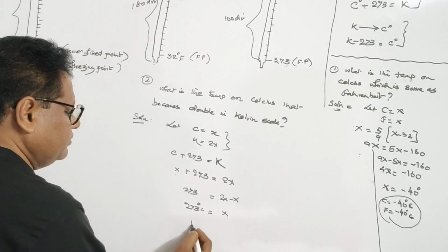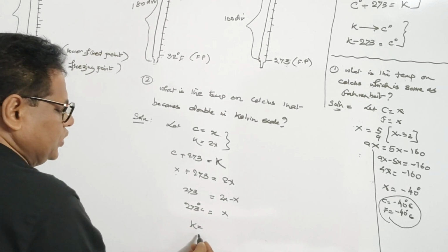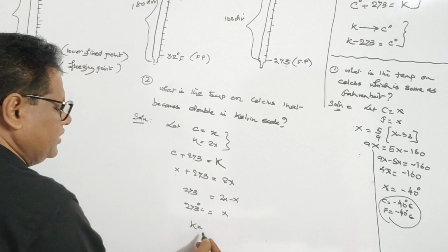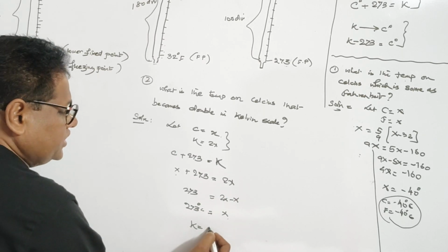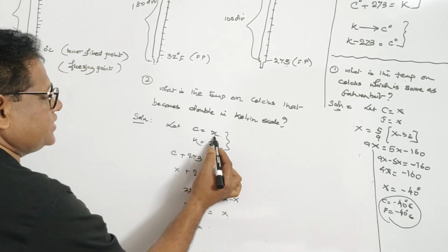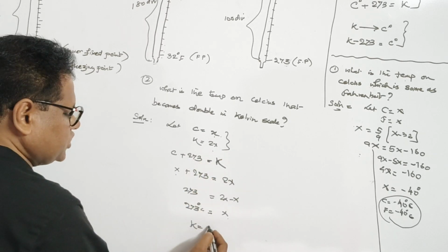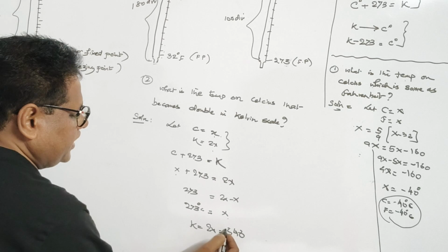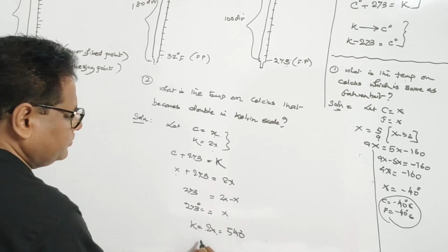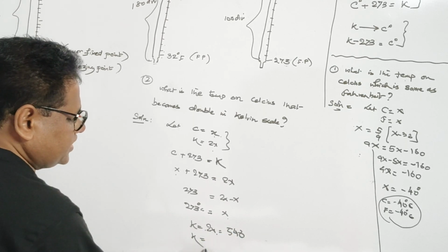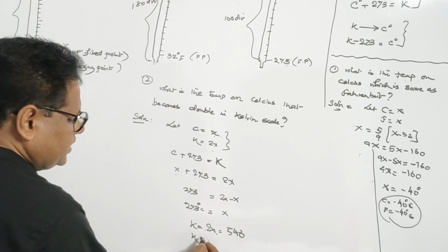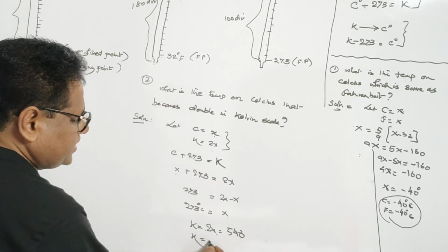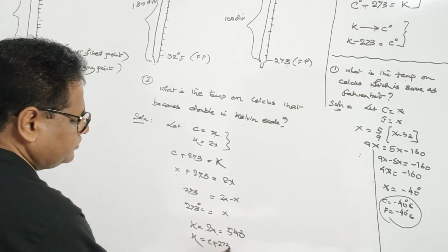Because we have taken x as the Celsius temperature. Now what about Kelvin? To convert Celsius to Kelvin, we add 273. So since the Celsius temperature was x, the Kelvin temperature becomes 2x. This is one way you can get 546, that is 2 into 273. Or you can use the conversion Kelvin equals Celsius plus 273.